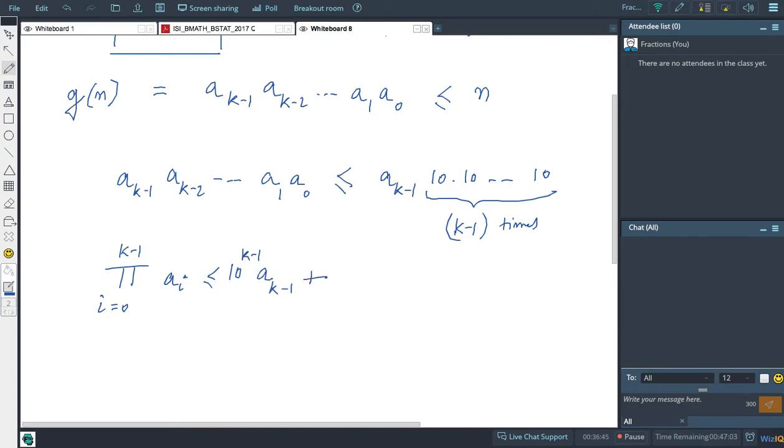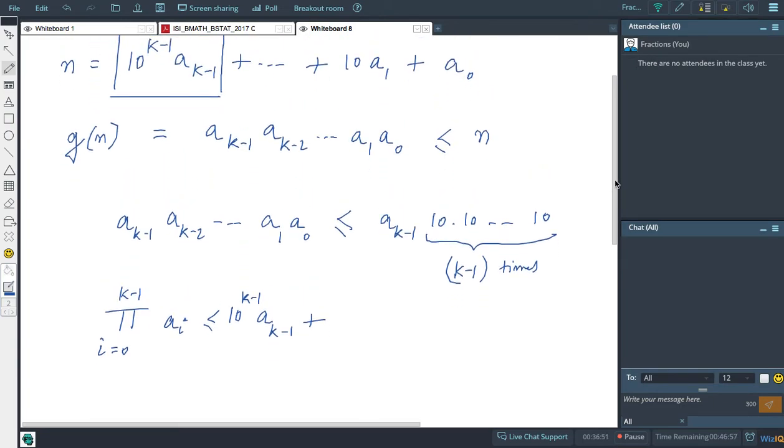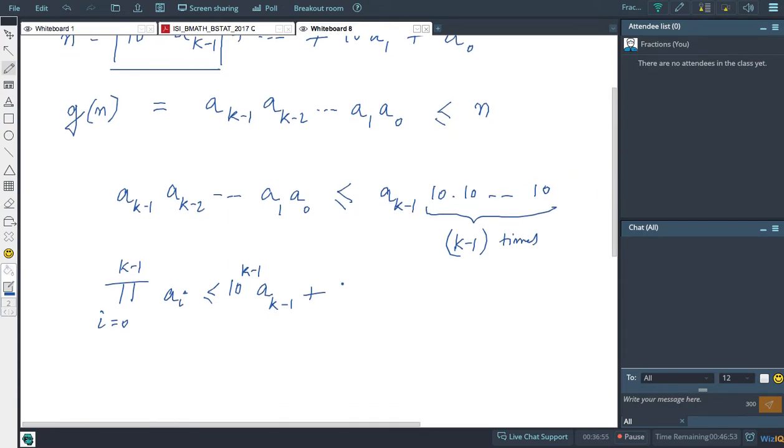And now if I add the others, it won't harm the inequality because all the others are positive, so I'm just adding positive quantities to it. So 10 to the power, so dot dot dot plus 10 a1 plus a naught.